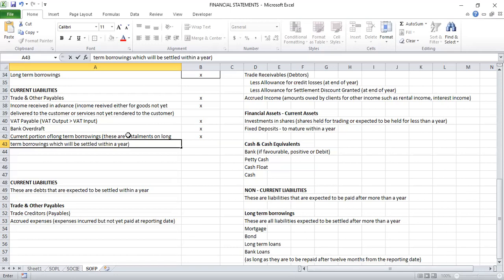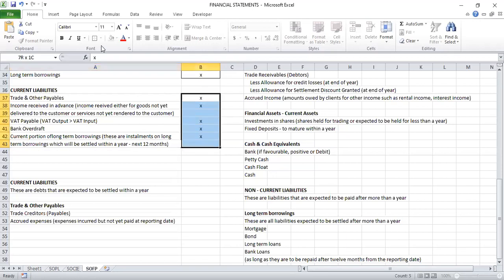So all those installments that are going to be paid within the next 12 months. So these are what you call current liabilities. By their nature, these are liabilities that are to be repaid within 12 months.